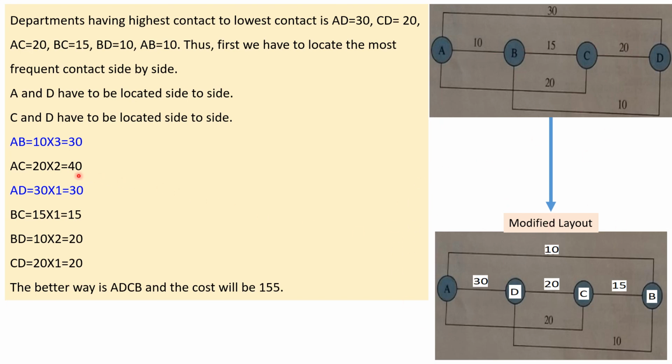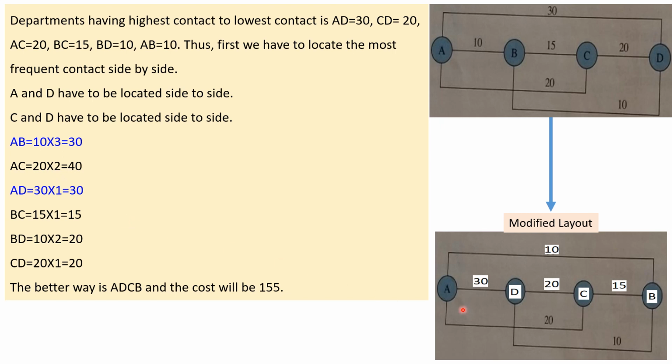So for the modified layout, let's calculate the cost. Let's look at AB. AB has frequency of contact 10, and 3 units cost, 1, 2, 3, so 10 times 3, 30. AC, 20 frequency, 2 units distance, so times 2, 40.